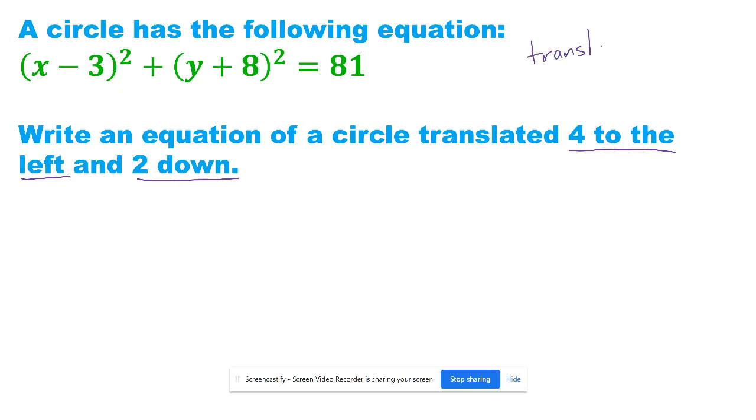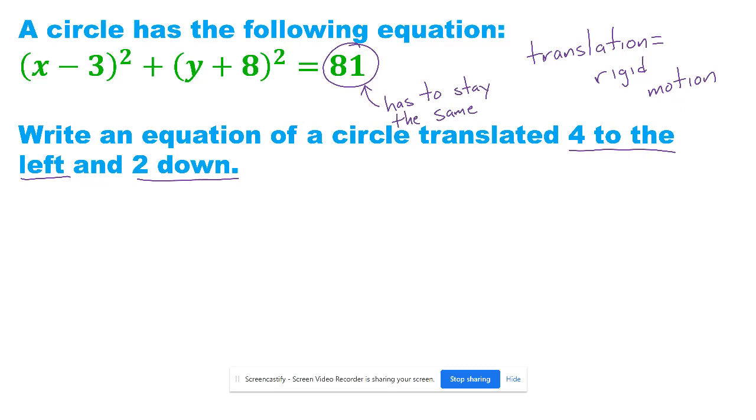That's something we talked about earlier this semester. A rigid motion changes the position of a shape but doesn't change the shape or size. And that's important because our radius has to stay the same. So this last number, our radius squared, has to stay the same. We don't change this number.